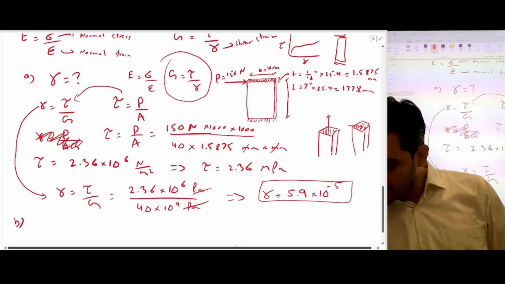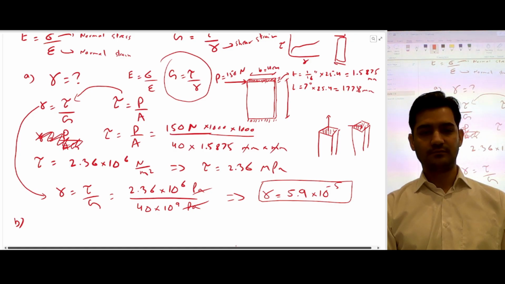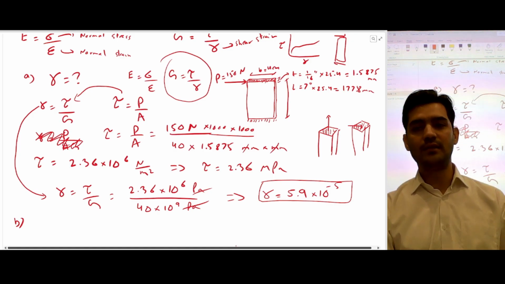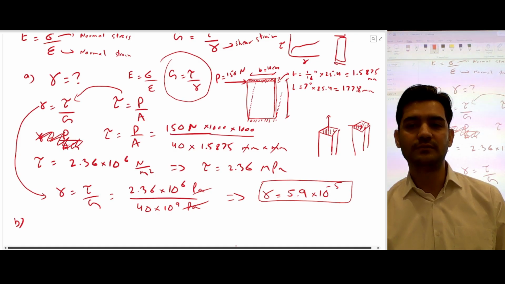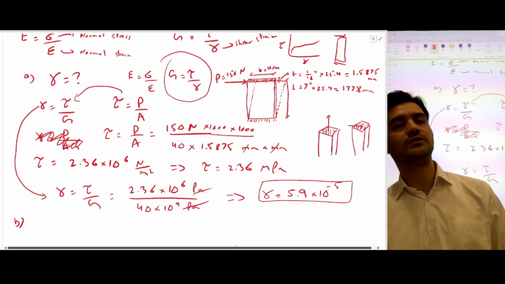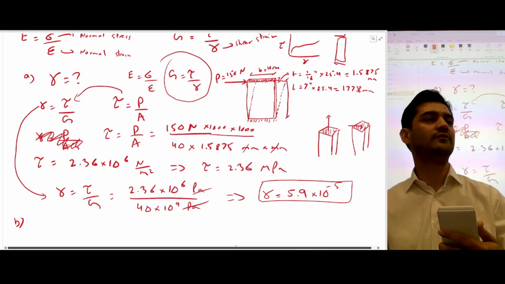Part 2 says determine the distance at the top of the beam. So we have to calculate the distance at the top of the beam. When the force is being applied, what will happen? You will see a deformation, right? You're applying a force, so it will have angular distortion as well because it's a shear force.